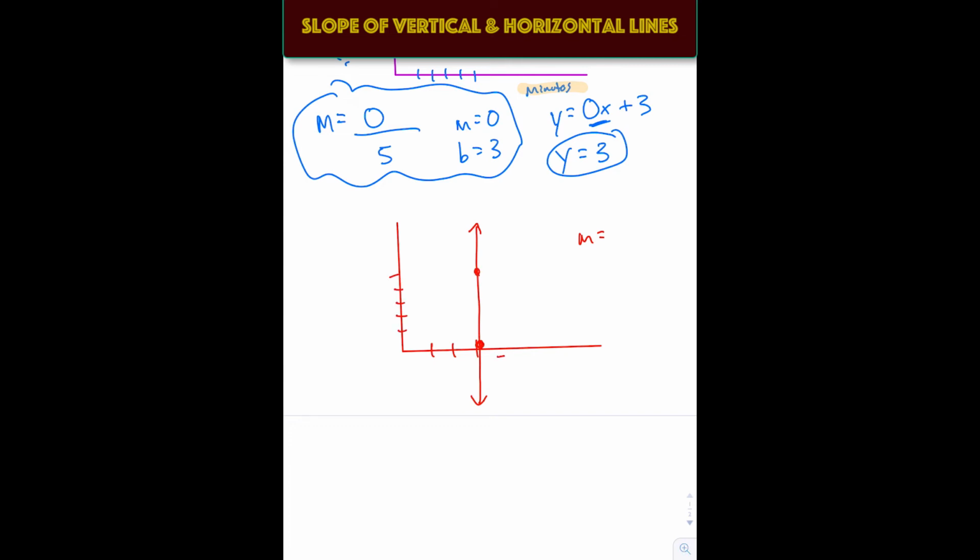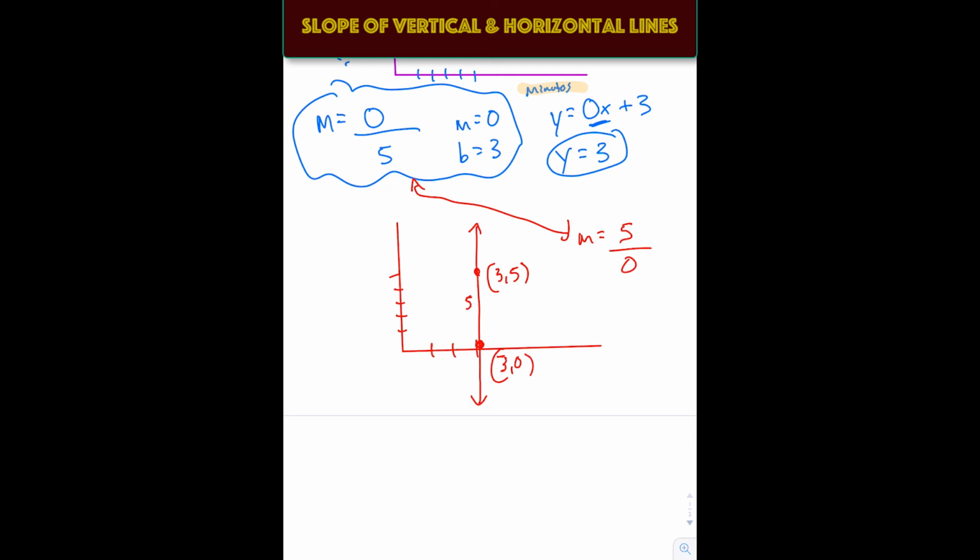Our 2 lattice points are (3, 0) and (3, 5). When we think about our change in y this time, it is 5. It's increasing by 5. When we think about my change in x, it's not changing at all. So it'd be 5 divided by 0 instead of 0 over 5.